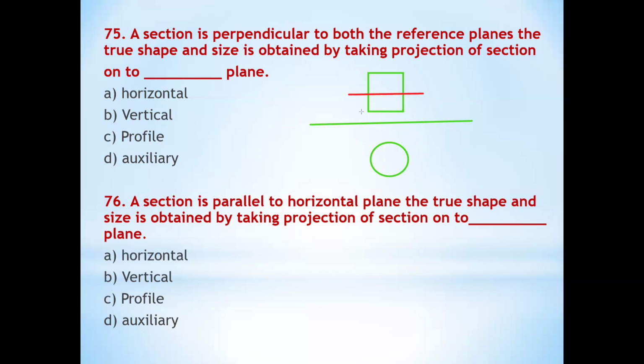That means in this case you are cutting the cylinder by a section plane which is parallel to the XY, or parallel to the HP. In this case, the true shape of the section portion we will definitely get in the top view.